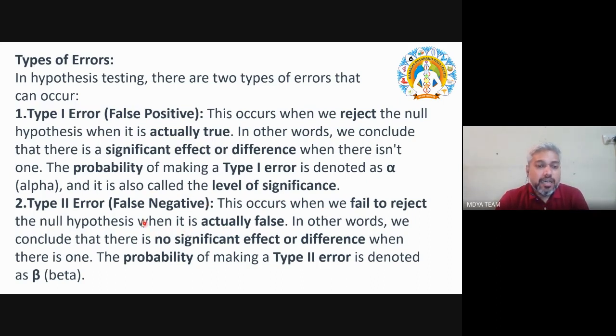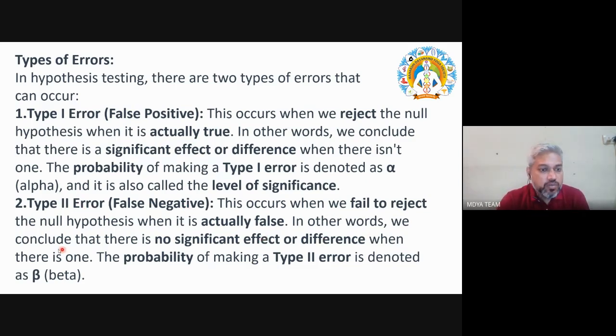When we test the null hypothesis and it is actually false, what word do we use? Fail to reject. We do not use words like accept in research. We always use reject or fail to reject. Even though it is false, we fail to reject it, and this is called type 2 error, false negative.